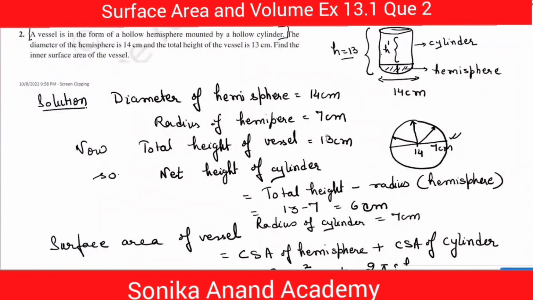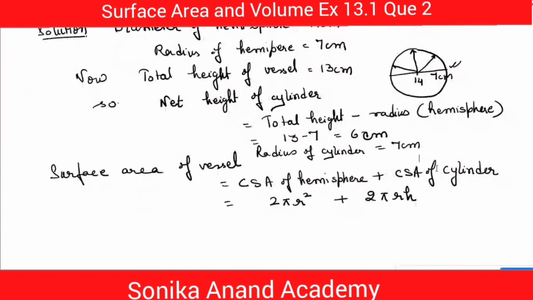Now there are two methods. Either you put each value in each formula and then calculate and then give your answer. And there's one more trick. You can see the radius of both hemisphere and the cylinder are same. So I can take 2 pi r as common and it becomes r plus h. So it becomes easy to solve.